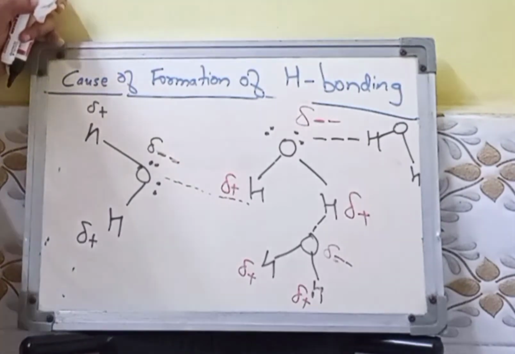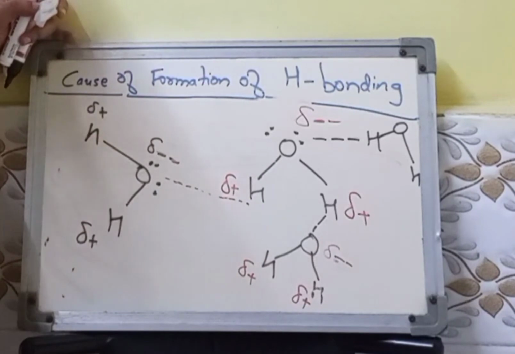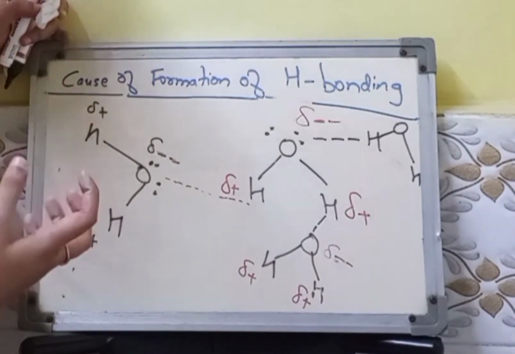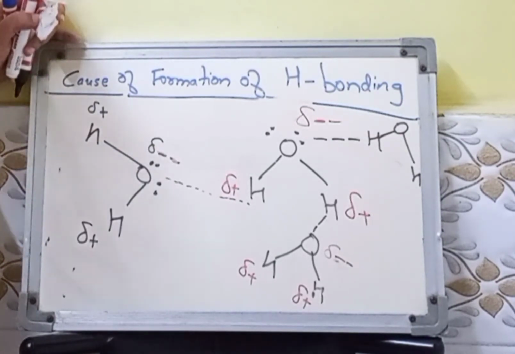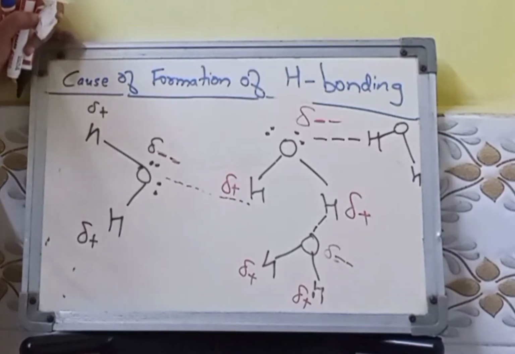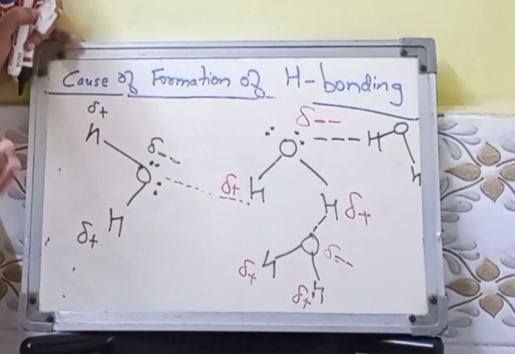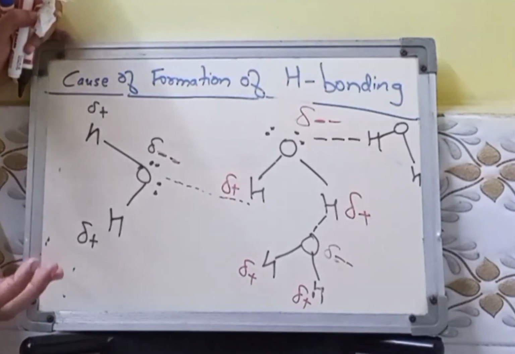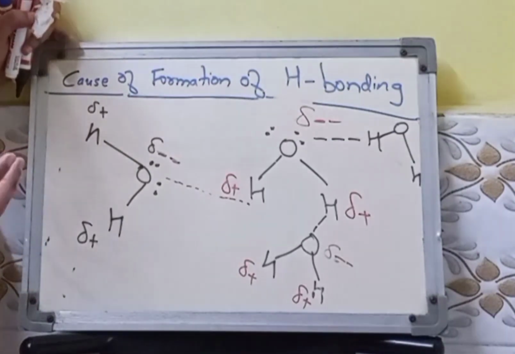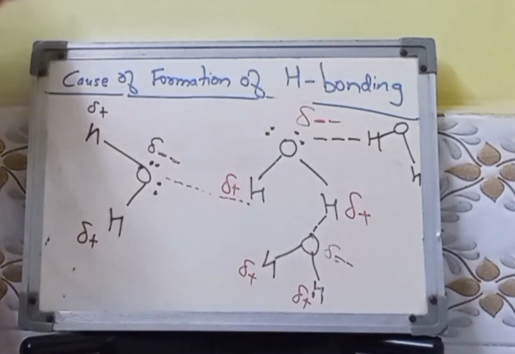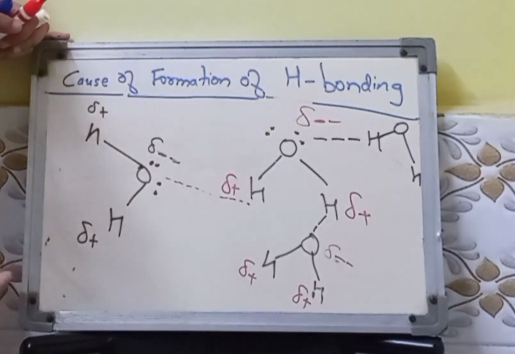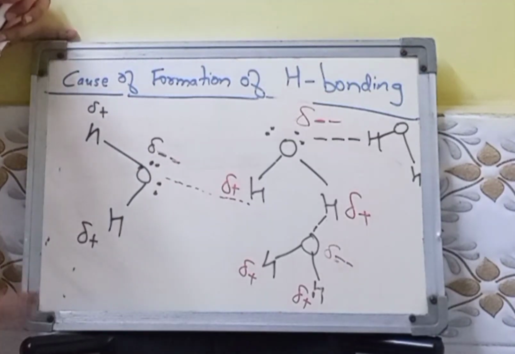Water has a lot of force of attraction between its molecules, whereas methane will not have any force of attraction with its adjacent molecules. There will definitely be hydrophobic interactions if they are close enough, but as they exist as gas, it is very much sure that they do not have hydrogen bonding. So that's why methane is a gas at room temperature, and at room temperature your water molecule shows hydrogen bonding, and that's why it exists as liquid.